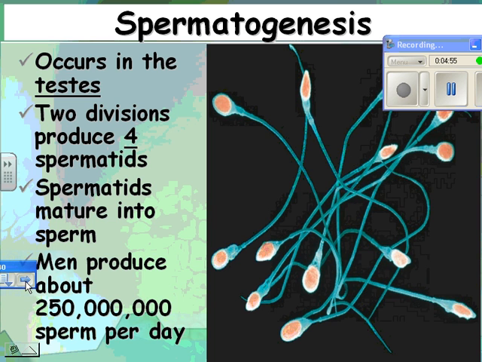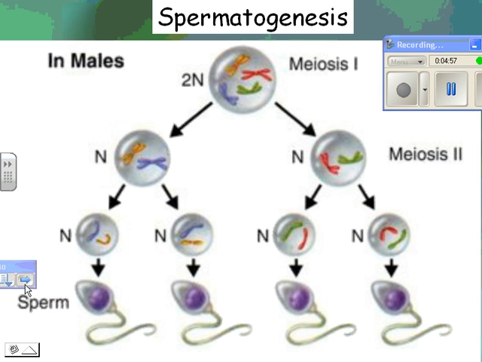Holy cow. Spermatogenesis. So if your 2n happens to equal 4, then you're going to end up making sperm that have n equals 2. So notice that you're already haploid here. So this is diploid.